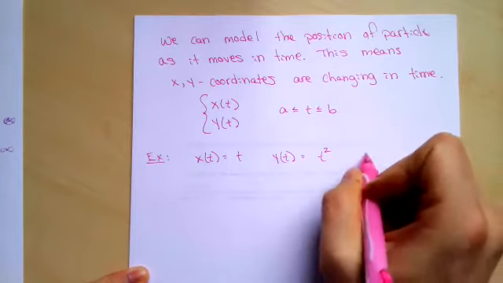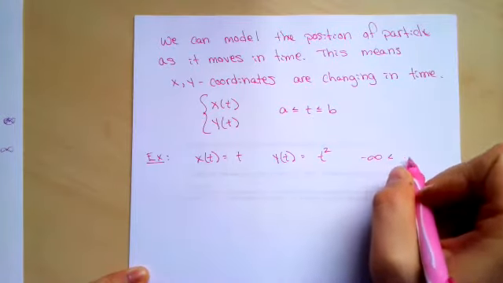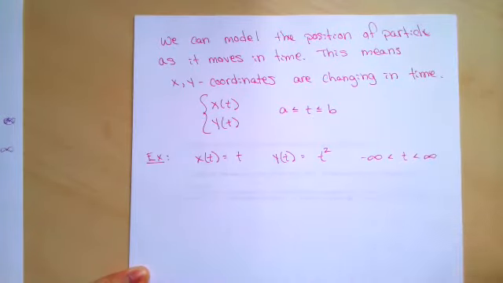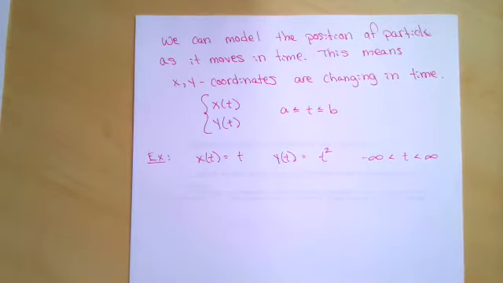And we'll give bounds for t between minus infinity to infinity. So how do we plot something like this?